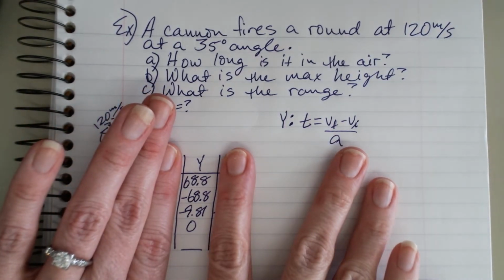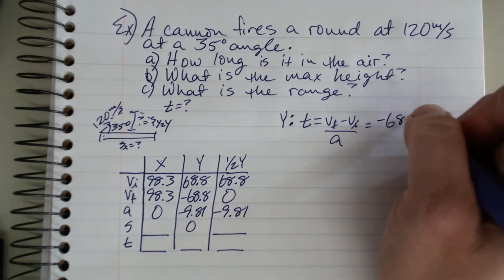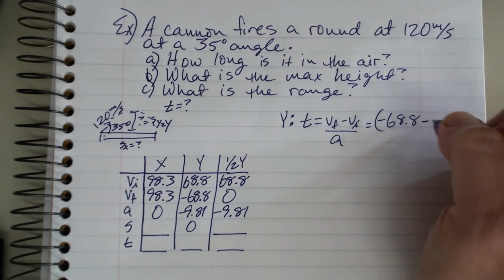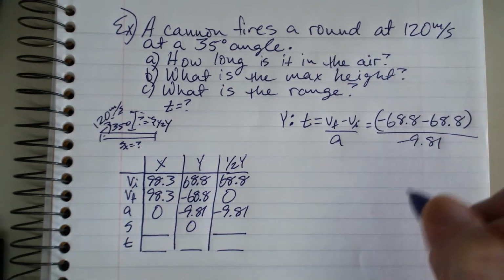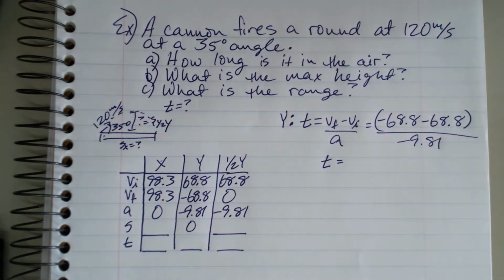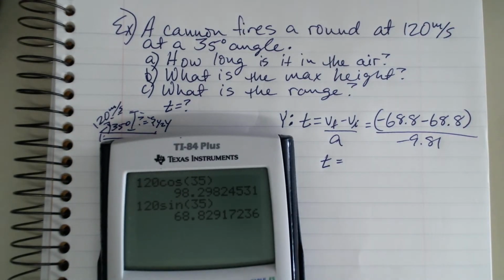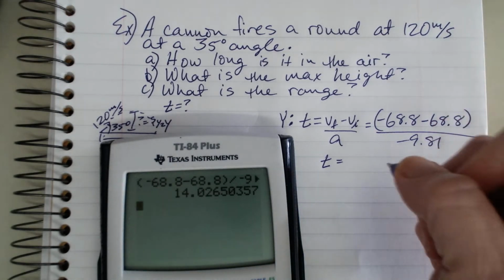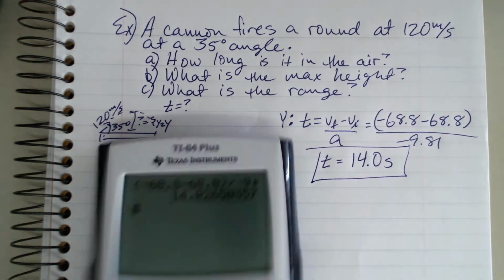I'm only looking at the middle part with the Y. So that's negative 68.8, I would put the top in parentheses also, minus 68.8 over negative 9.81. So I get 14.0 seconds. There's my time. I solved part A.